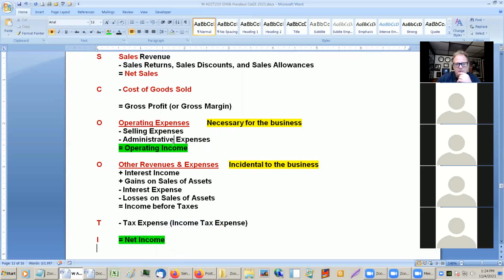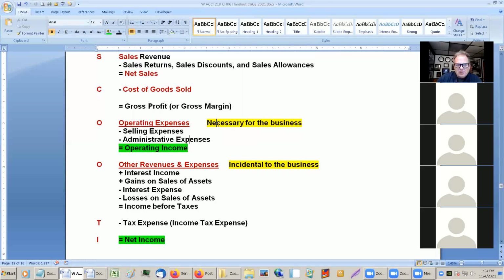Because this operating income is, okay, for whatever it is they're doing to make money, how well are they doing? For General Motors, okay, they make cars. How much are they actually making on the cars? I don't care what they're making on their bank accounts or anything like that. I want to know how much they're making on their cars. They're a core part of the business. So this operating income is actually a fairly important number for a lot of people that analyze companies.